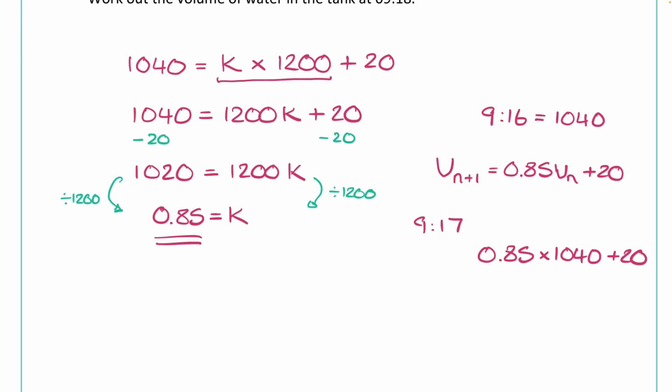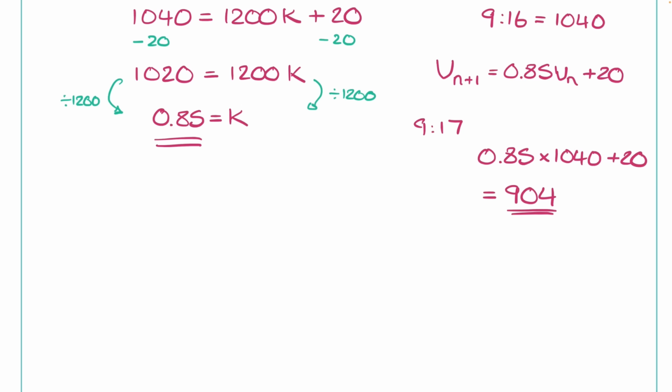We can type that in the calculator. So 0.85 times 1,040 and then add 20, and that gets us 904. That's now our current solution. So for 9:18, to finish this off, we do 0.85 multiplied by the current number, 904, and then add 20.